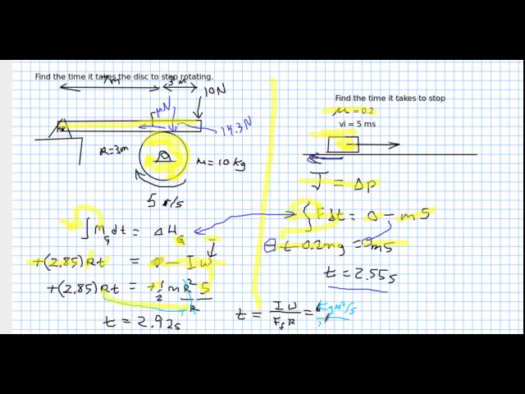Force is kilogram meter per second squared, and R is meters. So the per second squared in the denominator comes up to the numerator. This all cancels out, and we get seconds squared divided by seconds, which is seconds. All right, so the units all check out there for the 2.9.